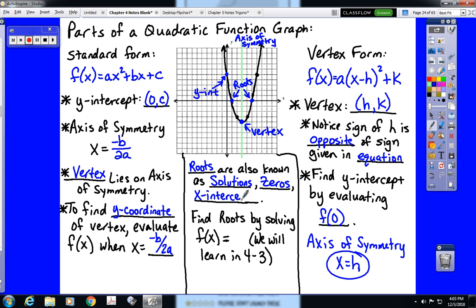All of those phrases mean the same thing. So what we do to find those roots is we plug 0 in for f of x. We set the equation equal to 0. So put a 0 here or here, and we solve for x. Now we're not going to do that right now. That's really more for lesson 4-3, which is already posted. So you can go check that video out if you want to see how to start working through that process.